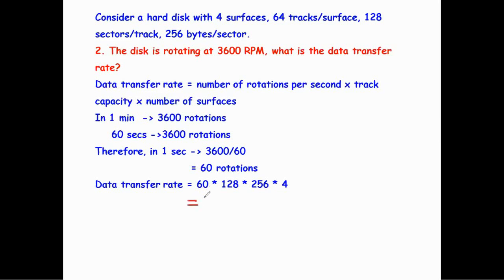Now 60 can be represented as 15 into 4. 4 is nothing but 2 power 2. Then 128 can be written as 2 power 7 and 256 can be written as 2 power 8. 4 is available. 4 can be written as 2 power 2.